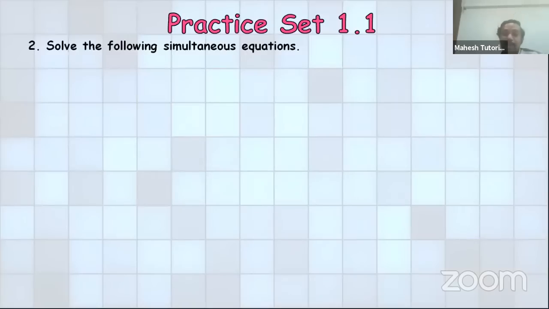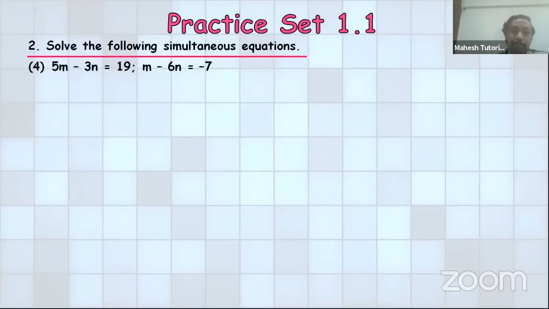All right. Practice set 1.1, main question number 2, sum number 4. We just need to follow the steps that we have learned. We have been given two equations. Read the first equation, students. 5m minus 3n is equal to 19. Can you tell me which are the two variables in this equation? M and n. Read the next equation.